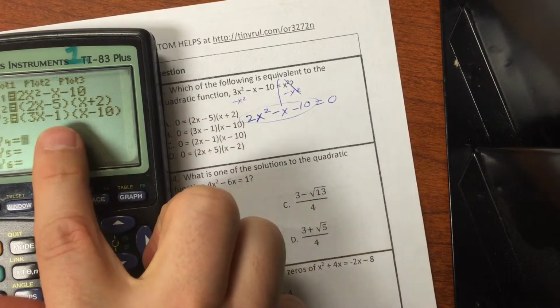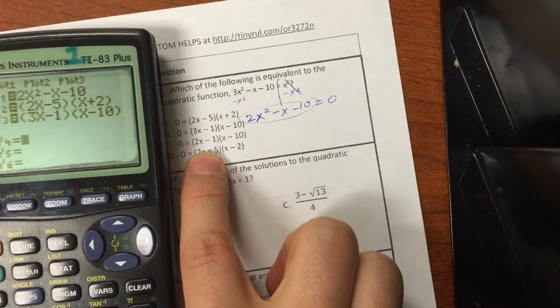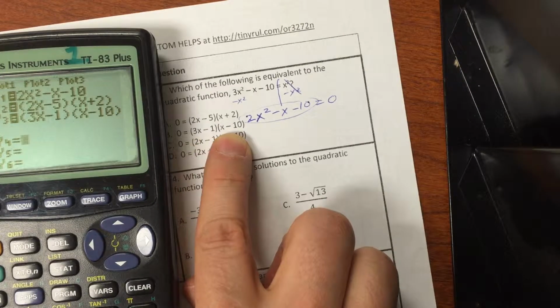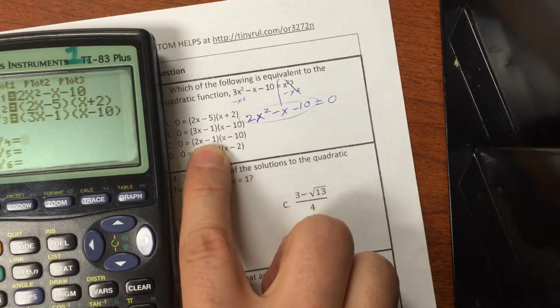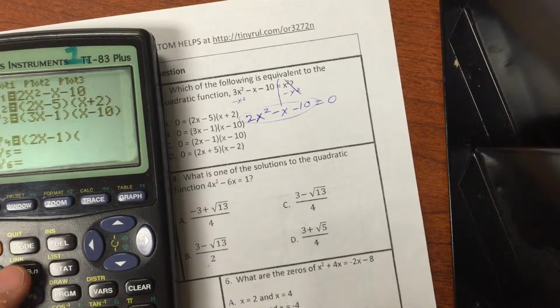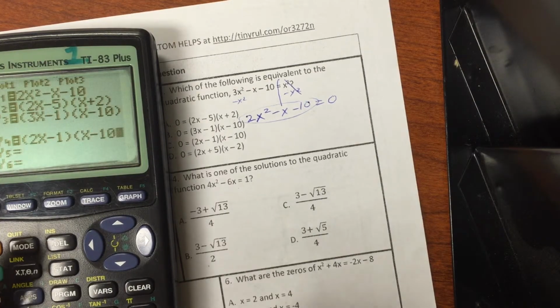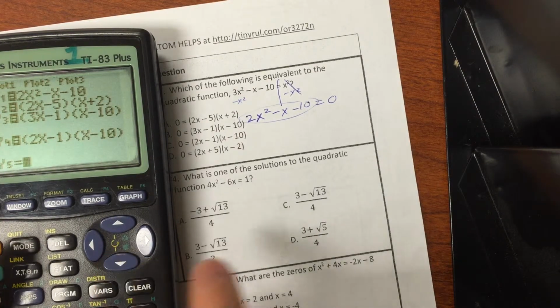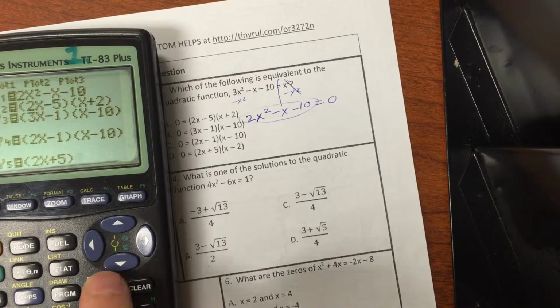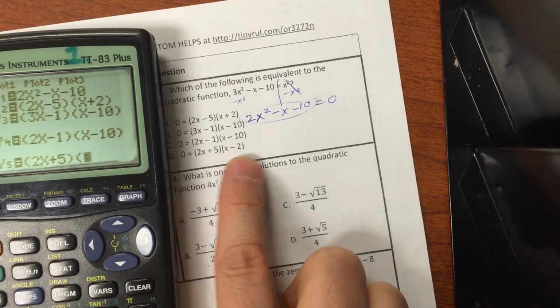I have 2x minus 5, x plus 2, 3x minus 1, x minus 10. Now I'm going to do 2x minus 1, x minus 10. And then lastly, 2x plus 5 and x minus 2.